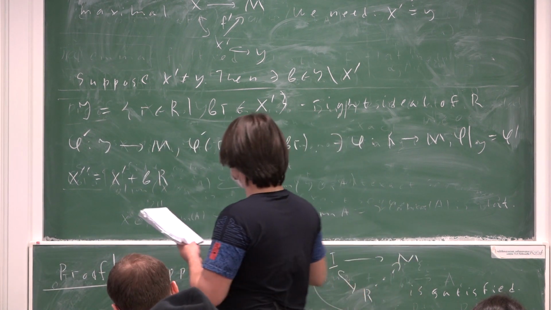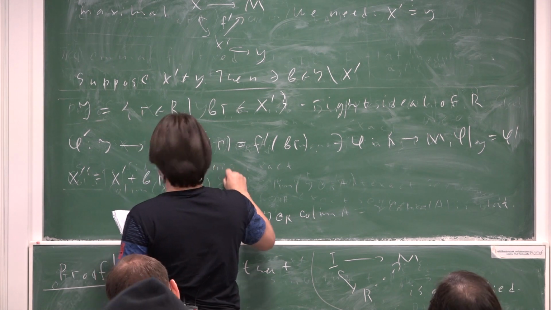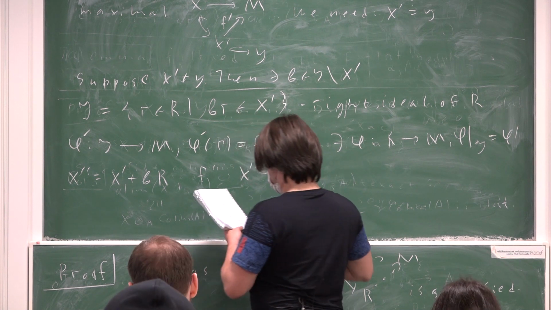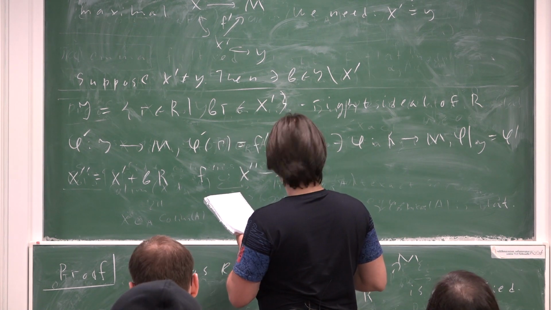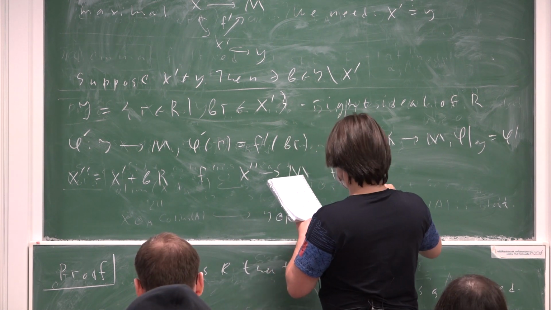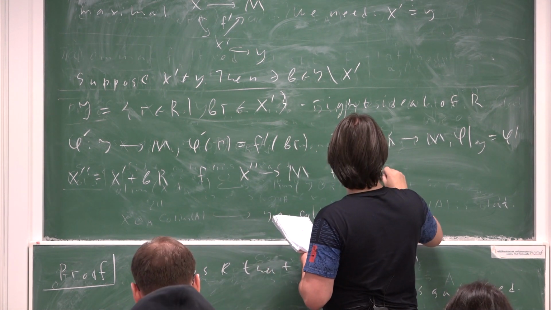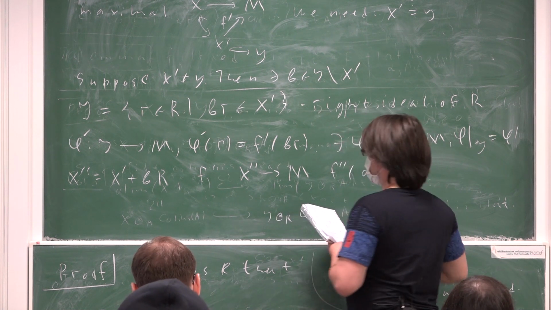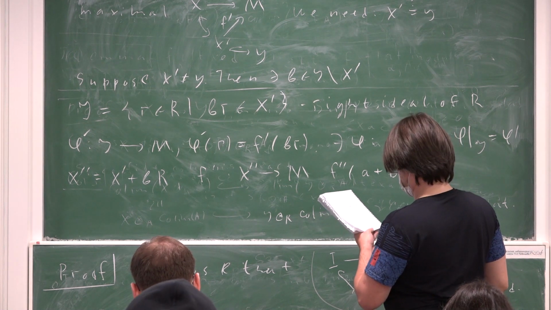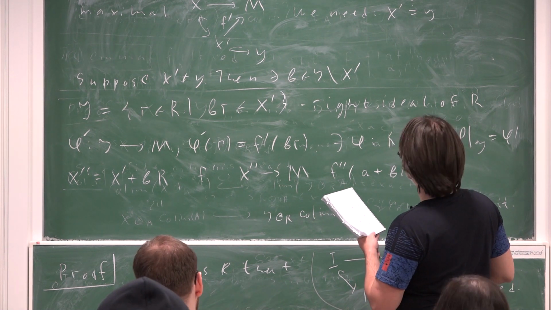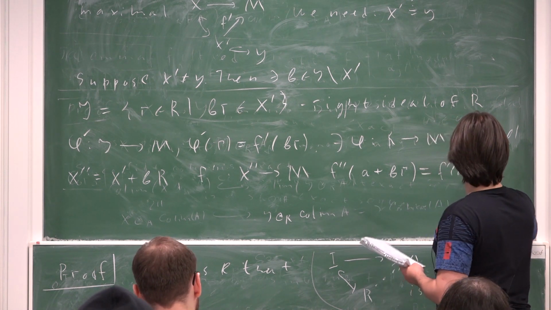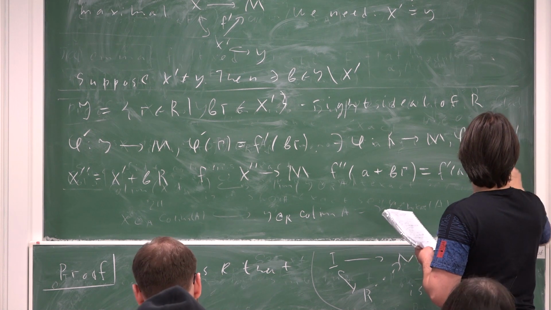And we define f2 prime from x2 prime to M by the equality f2 prime of a plus br equals to what? Equals to f prime a plus phi of r.